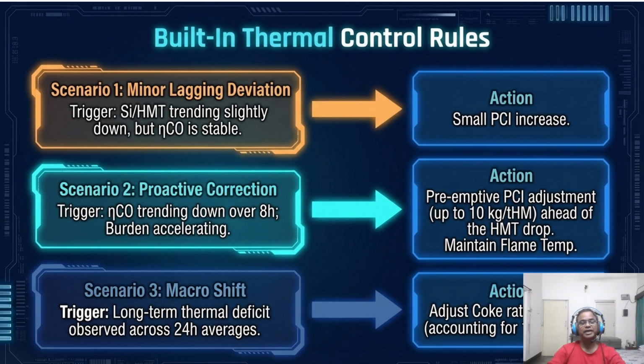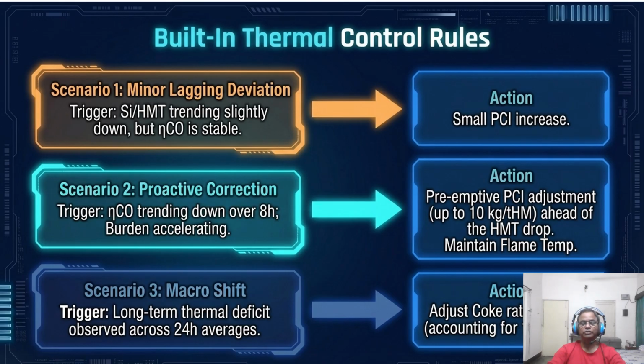Scenario two is our proactive correction. If eta is trending down over 8 hours and the burden is accelerating, we make a preemptive PCI adjustment of up to 10 kg per ton hot metal before the hot metal drops.